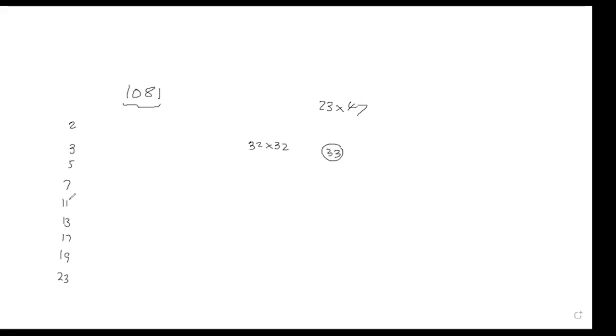So you test all the primes less than 33. If none of those primes go into this number, then you can conclude that this is a prime number. Otherwise, you factorize it. So in this case, when you come up to 23, you'll see it is 23 times 47. So that is how you test it.